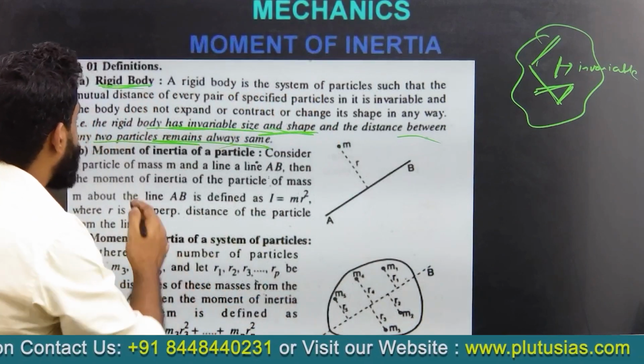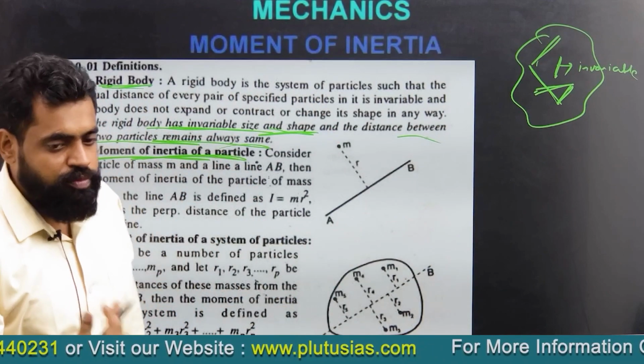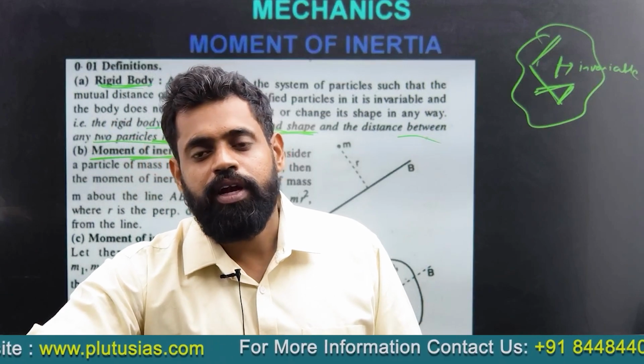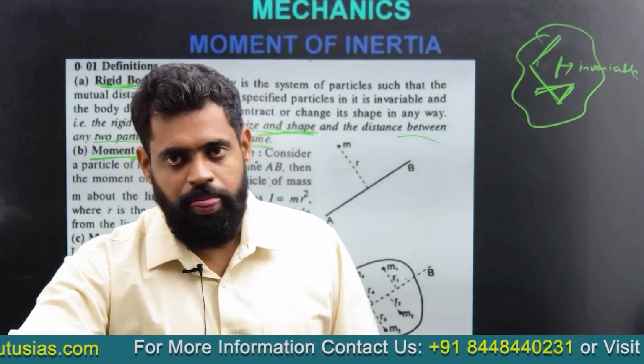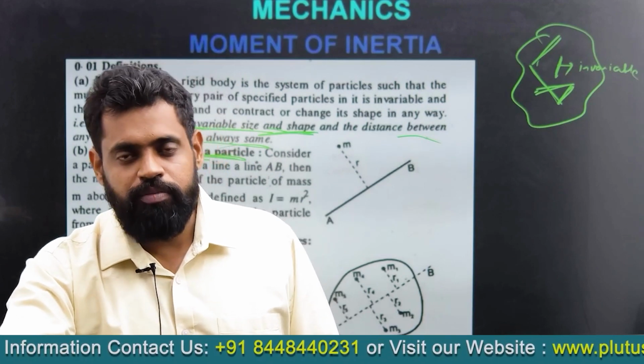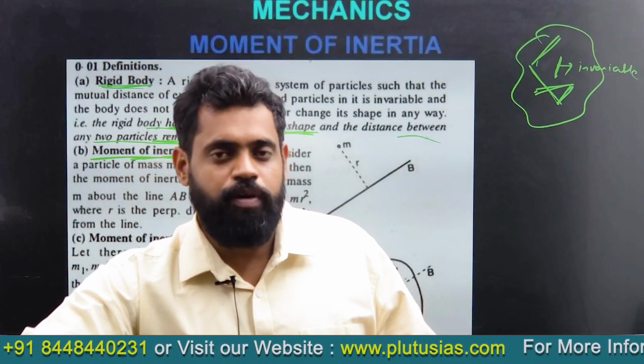Now our concept here is the moment of inertia of a particle. Moment of inertia is used in understanding rotational motion. Mass is used for understanding linear motion, but for rotational motion we need to study moment of inertia.